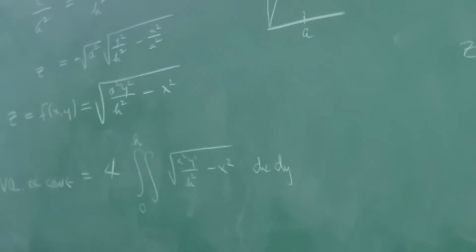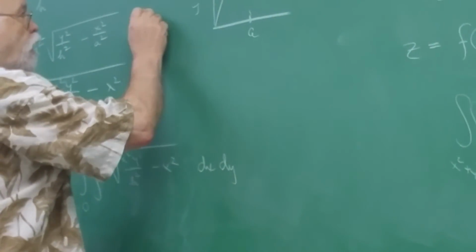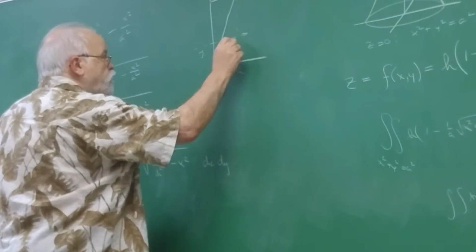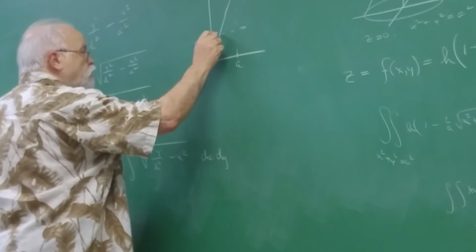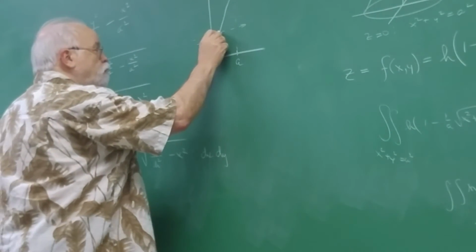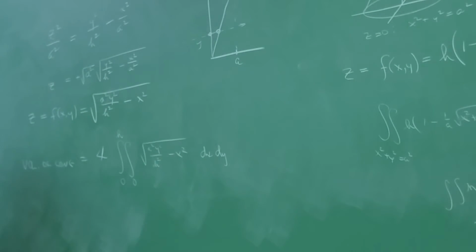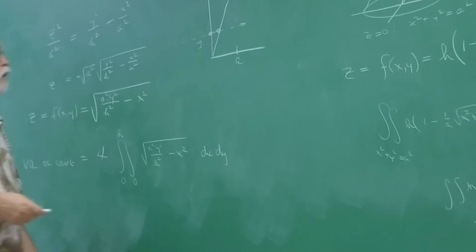All right, now I look at a typical y coordinate, about right here. Go in the direction of increasing x. So it goes in where? And comes out. Let's see, what is that line there? It's this line. It comes from the equation of the cone.